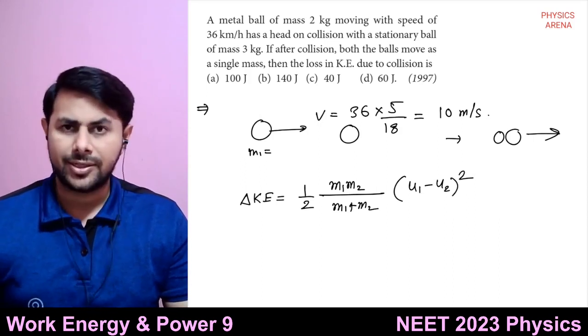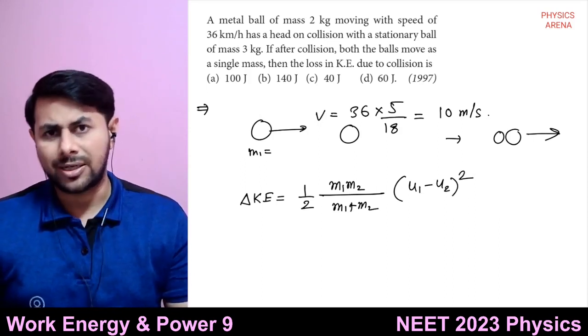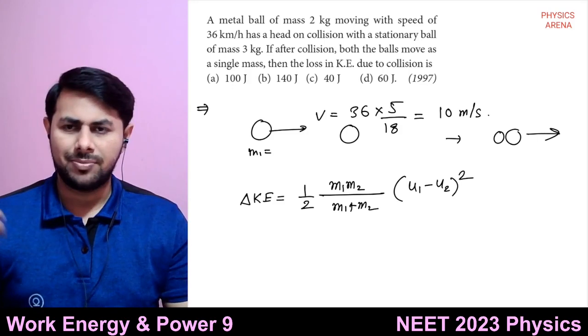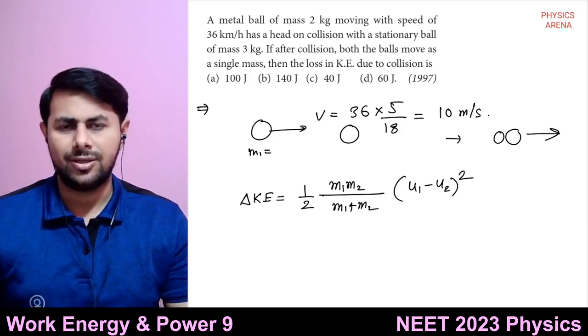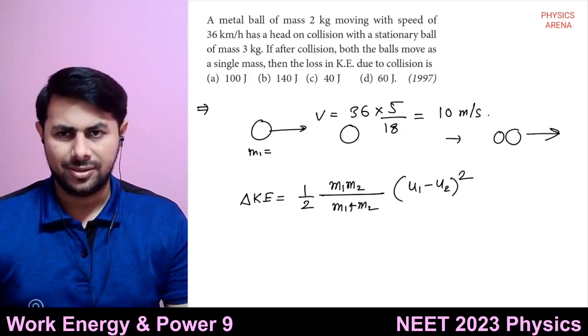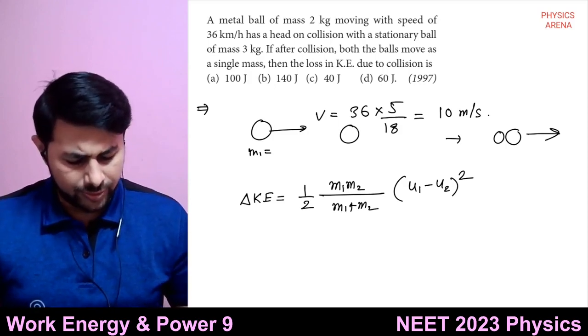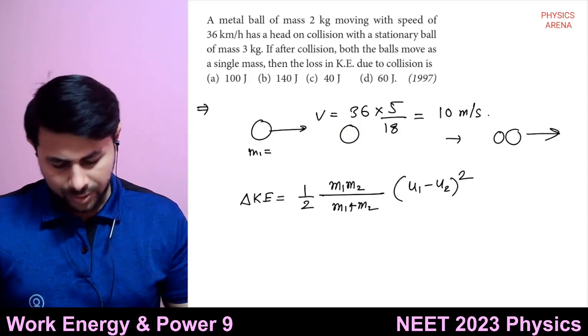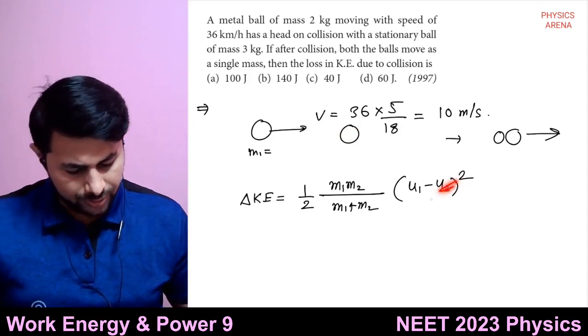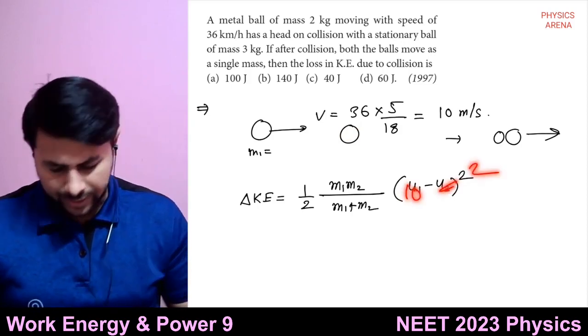So how do we gauge whether the collision is perfectly inelastic or not? If they stick with each other, it is perfectly inelastic. So this is perfectly inelastic. How much is u2? u2 is 0, u1 is 10, 10 squared is 100.